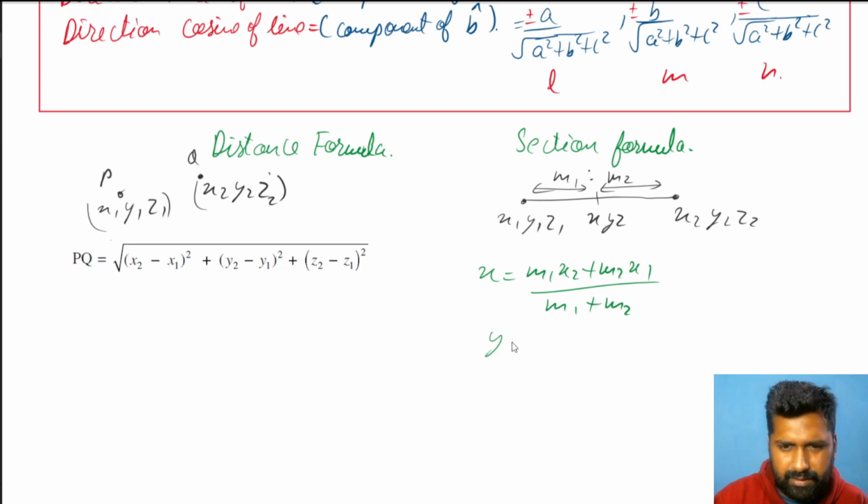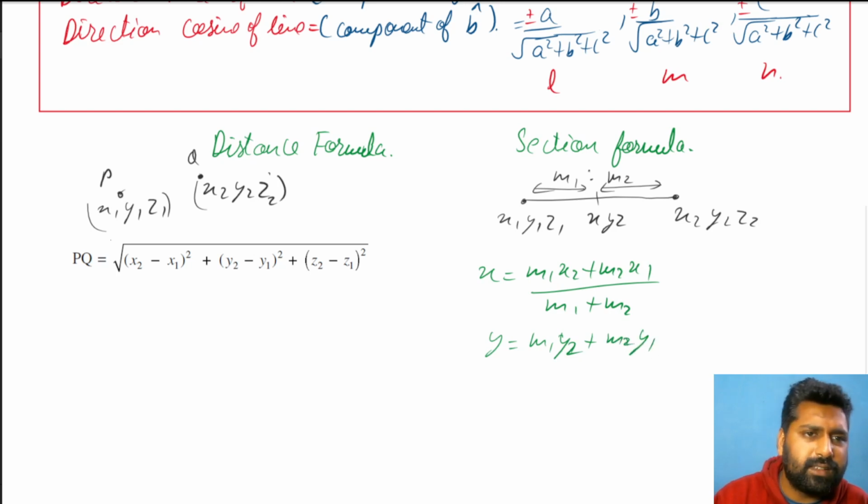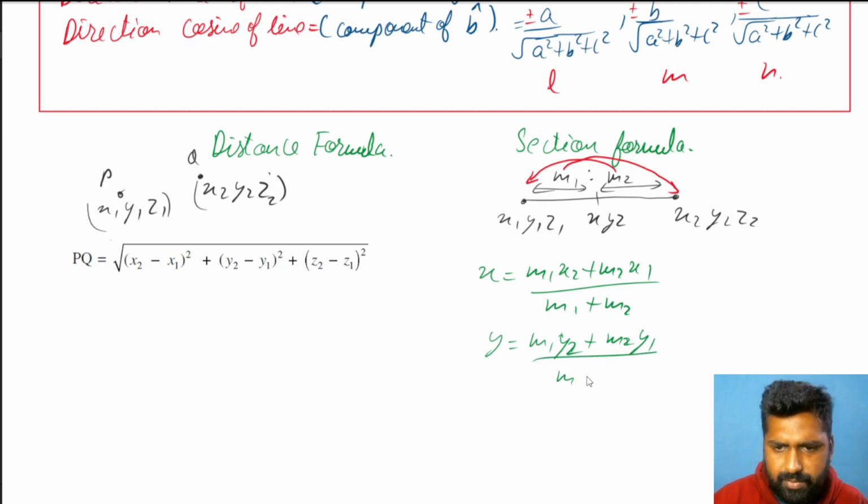This is a grade 10 formula, no? y is m1 y2 plus m2 y1 upon m1 plus m2. The idea is, whatever the ratio is, you multiply the first ratio with the second coordinate, and the second ratio with the first coordinate, upon m1 plus m2.